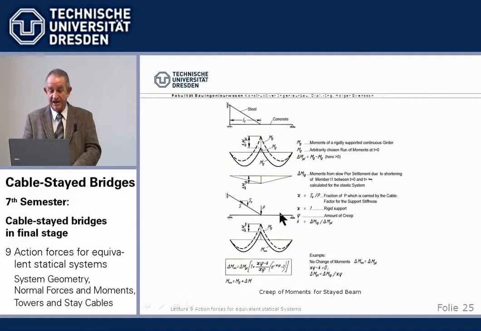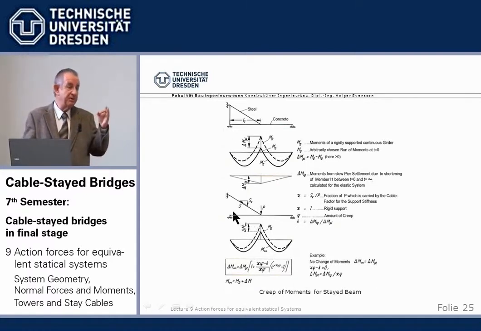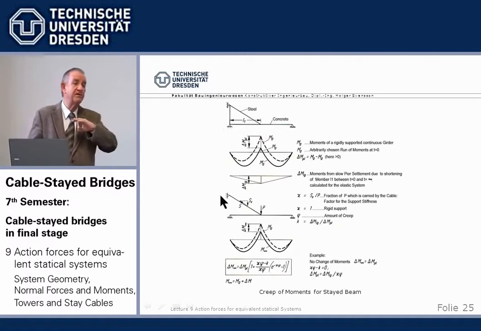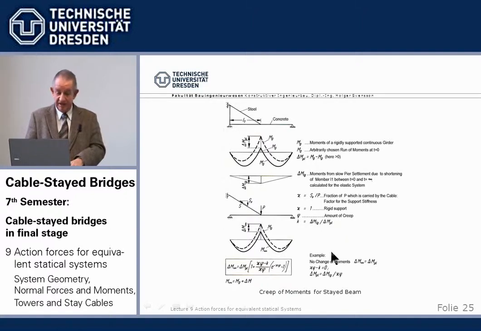On the other hand, due to shrinkage and creep, the beam shortens. That means this point goes to here, which means the cable rotates, which means the beam goes down, which creates moments from slow pier settlements, which are also reduced. And if we then combine these two, we come to this formula.